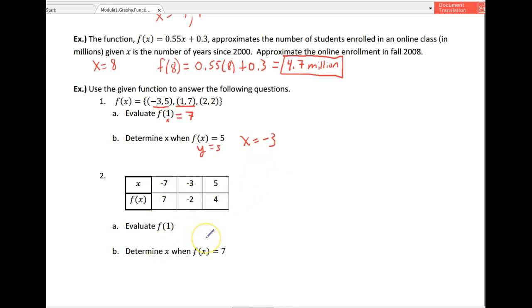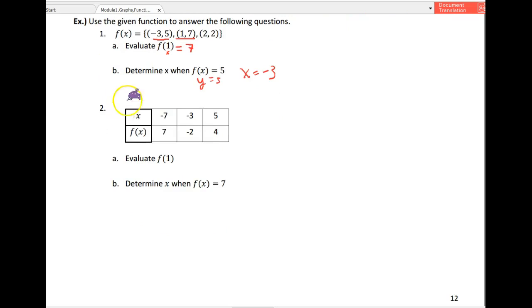Same thing down here. So this is the set of inputs, and these are the outputs, the y values. So if I want to know f of, oh, sorry, I changed these values. Let's say f of negative 3. So when x is negative 3, right, because this is saying f of x.